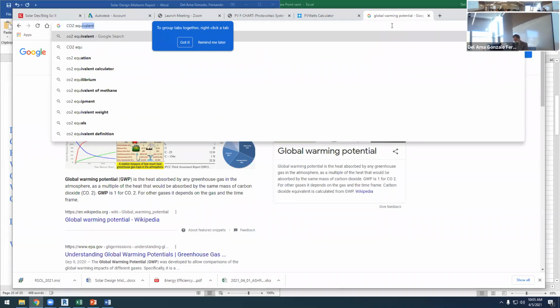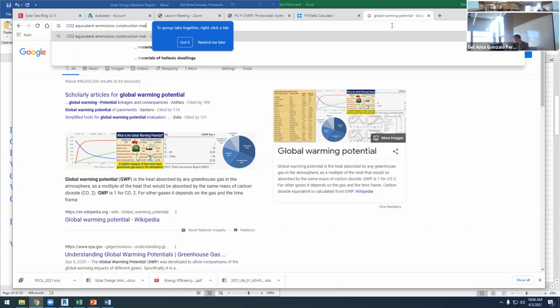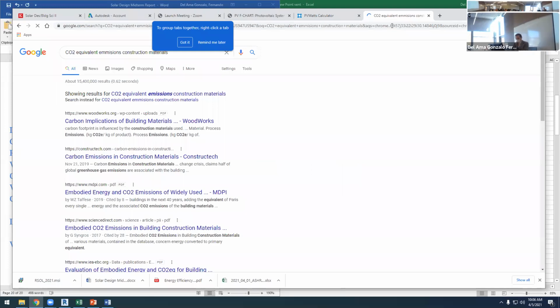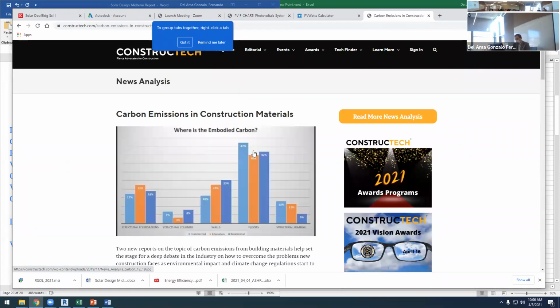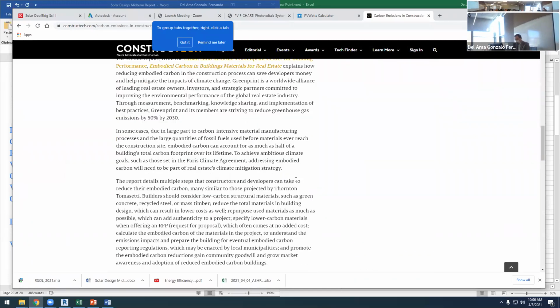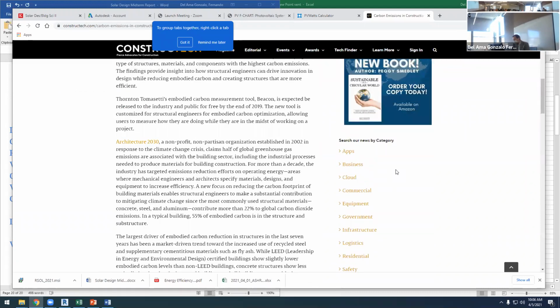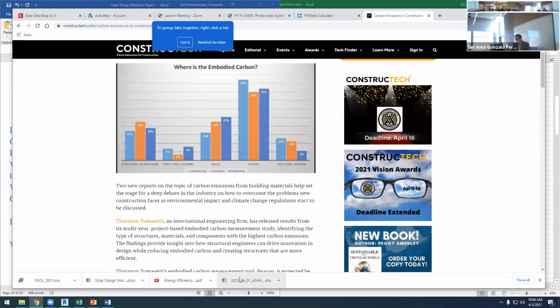CO2 equivalent. Okay. I'm sure I can find out.